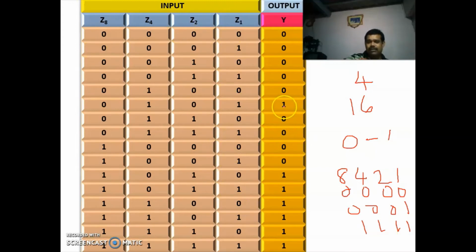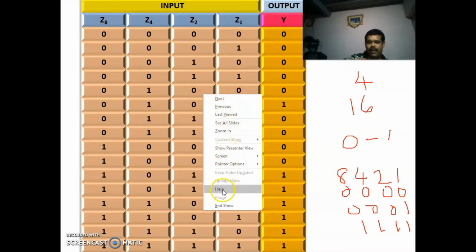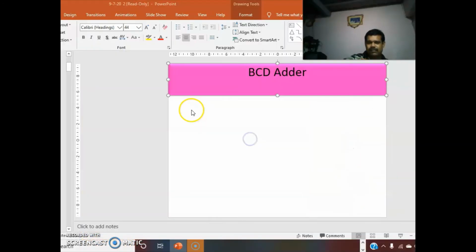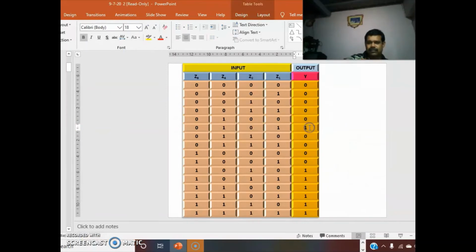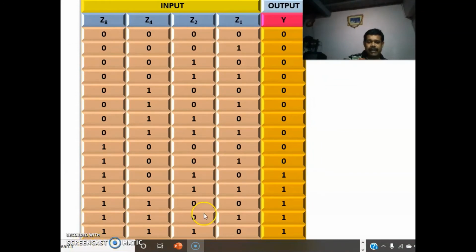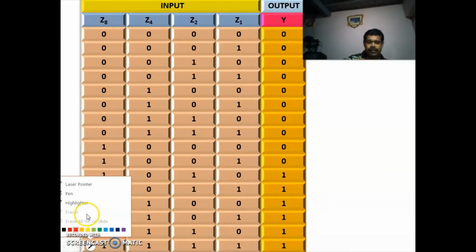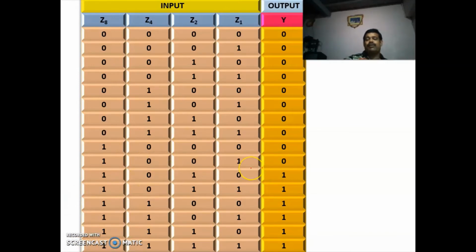Our circuit must give an output of 1 when the number is greater than 9. 1010 is 10, so from 10 to 15 the output of our circuit is 1, and from 0 to 9 the output is 0.